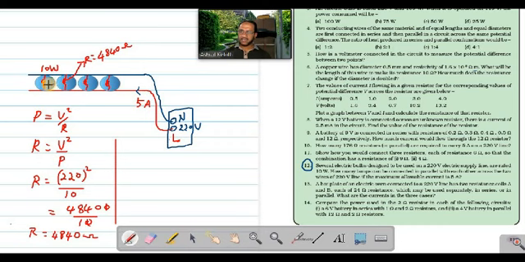Now we got the resistance of each bulb. All are in parallel. Each bulb has resistance 4840 ohm. Now see here in this circuit, they are connected in parallel combination. Suppose the effective resistance of all these bulbs in parallel combination is Rp, P for parallel.